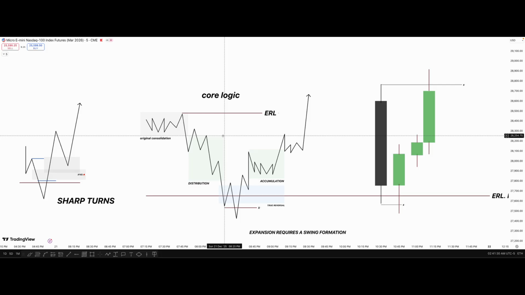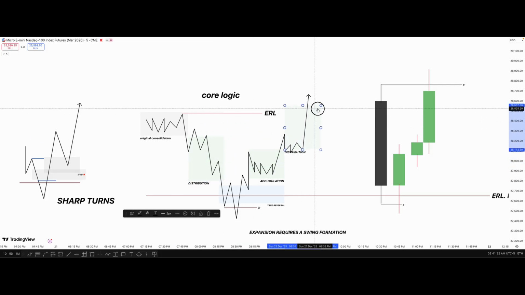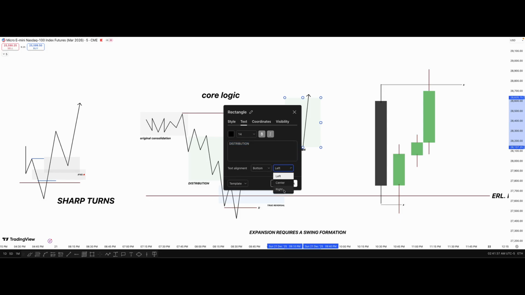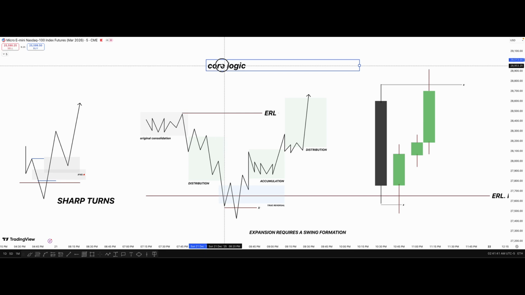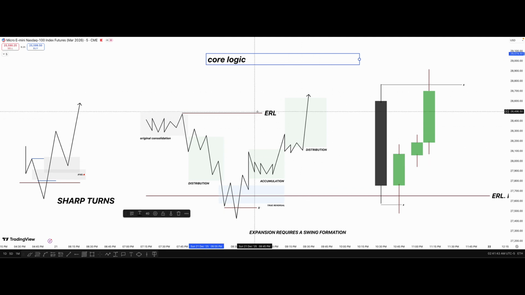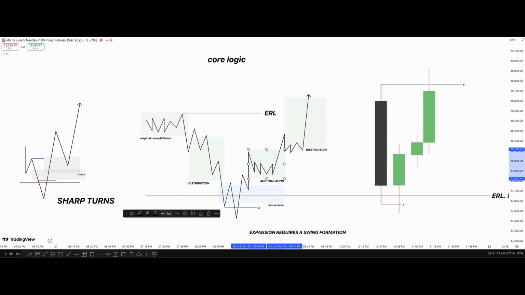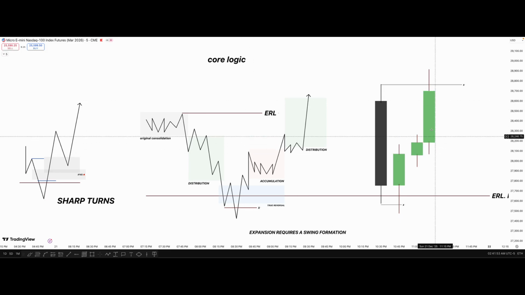So this is your final distribution towards your external range liquidity, which means it will distribute towards your external range, your original drawn liquidity, or you can just say it as your ERL or bias or anything as such. So this is what a normal ERL to IRL expansion looks like, right?